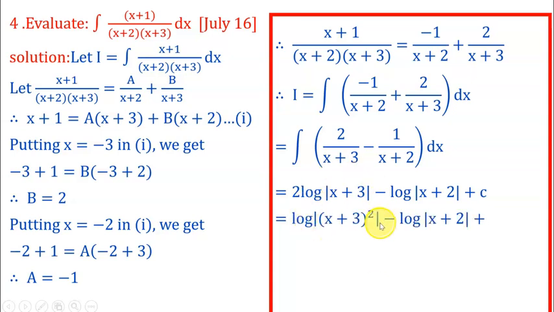Okay, this becomes square, that is log of mod of x plus 3 bracket square minus log of mod of x plus 2 plus c, and I is equals to log of mod of x plus 3 bracket square upon x plus 2 plus c, and this is the answer.